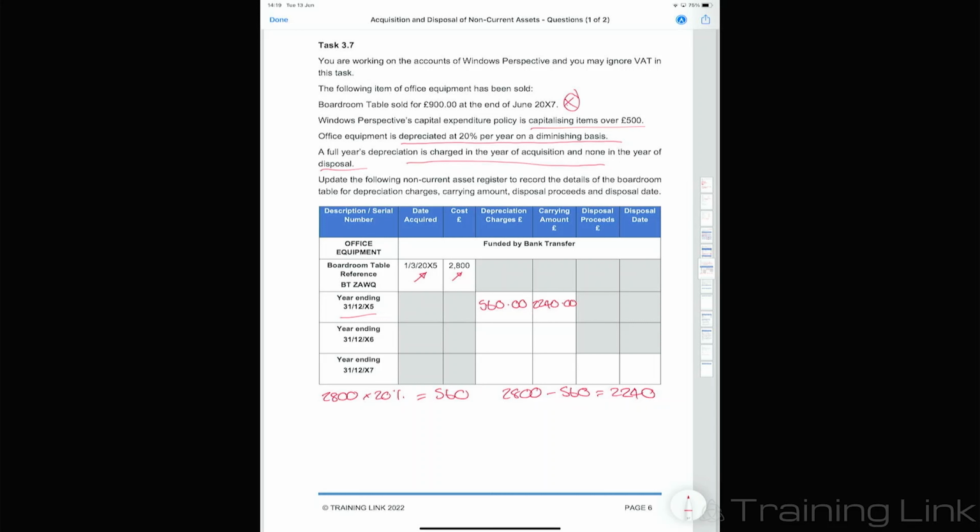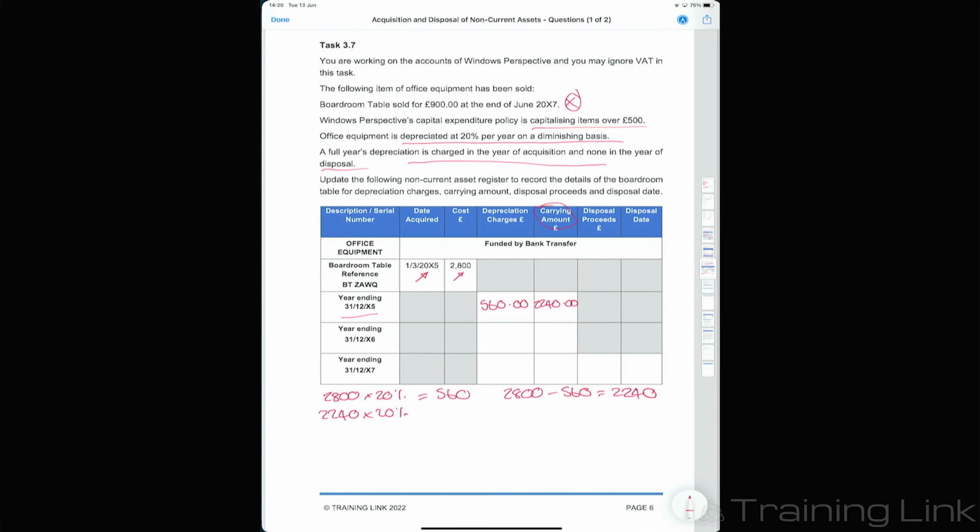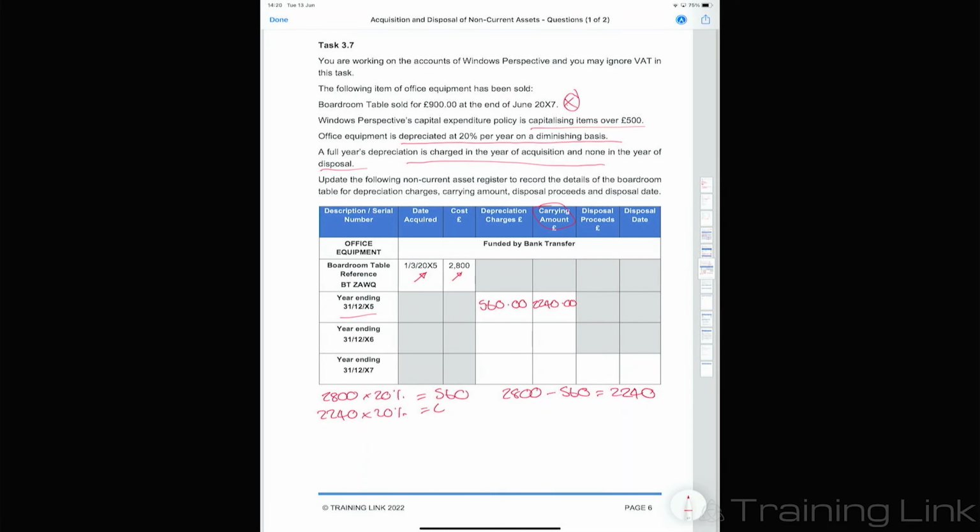Then we get to year end of 2016. Now, this time, when we're calculating our 20% depreciation, remember that we're always doing this based on the carrying amount. So we'd do 2,240 and then we'd times that by 20%, which should give you 448.